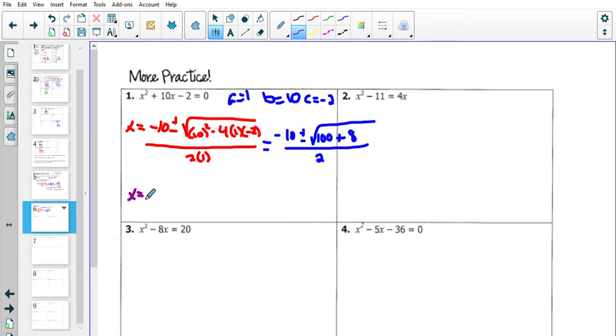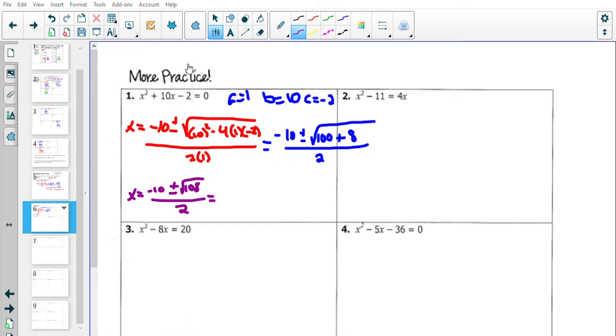So we have -10 plus or minus the square root of 108 divided by 2. So again, we have two answers. We have -10 plus square root 108 divided by 2, and -10 minus square root 108 divided by 2.